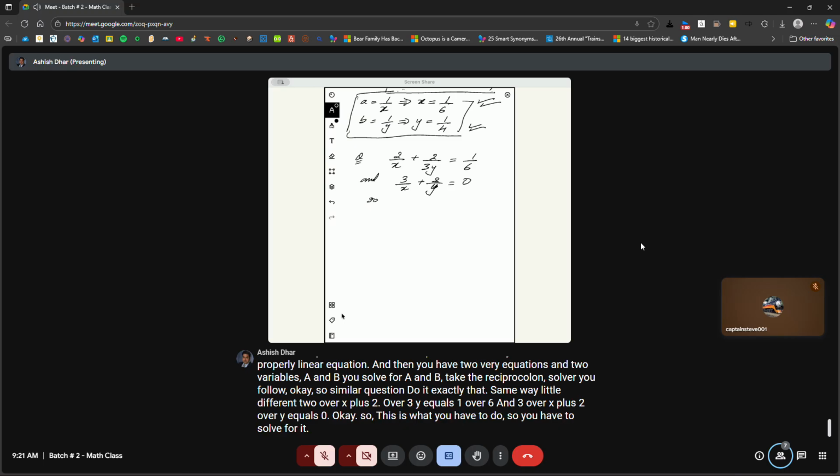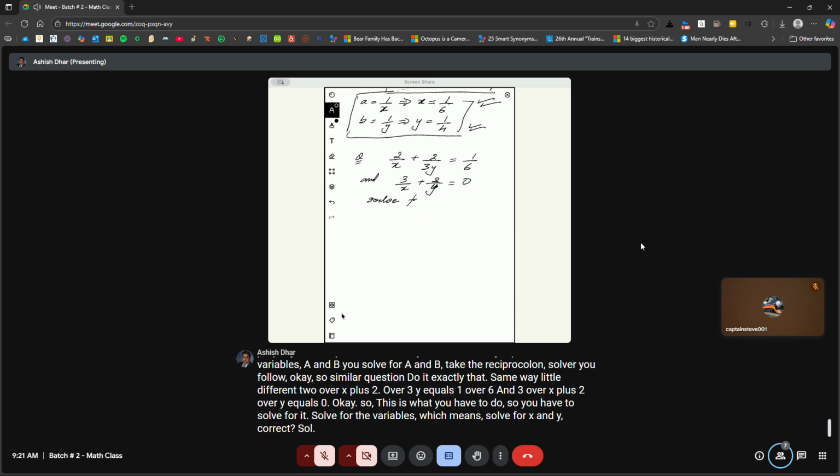Solve for the variables, which means solve for x and y, correct? Solve for x and y and find a for which y equals ax minus 4.